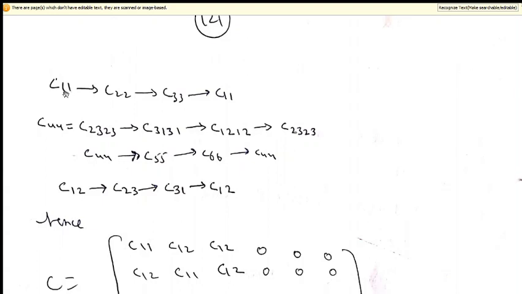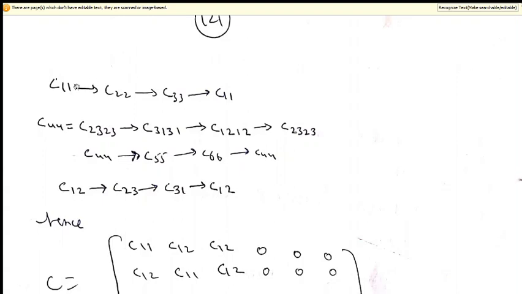C11. Now we have to change: 1 goes to 2, and this one also goes to 2. So C11 goes to C22. Now 2 goes to 3 and 2 goes to 3, so 3 3 3 3, again C33, goes back to C11. So when we apply this type of symmetry, C11 will be C22, C22 will be C33, and C33 again will be C11.